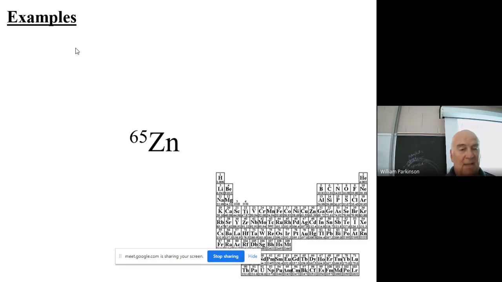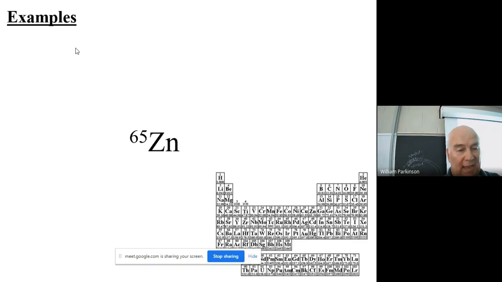Very often in chemistry or in material science, you will see a symbol like this, a number as a left superscript, and then a symbol of an element. This happens to be Zn, which is zinc. And to the left of the zinc in a superscript is given a number, 65.